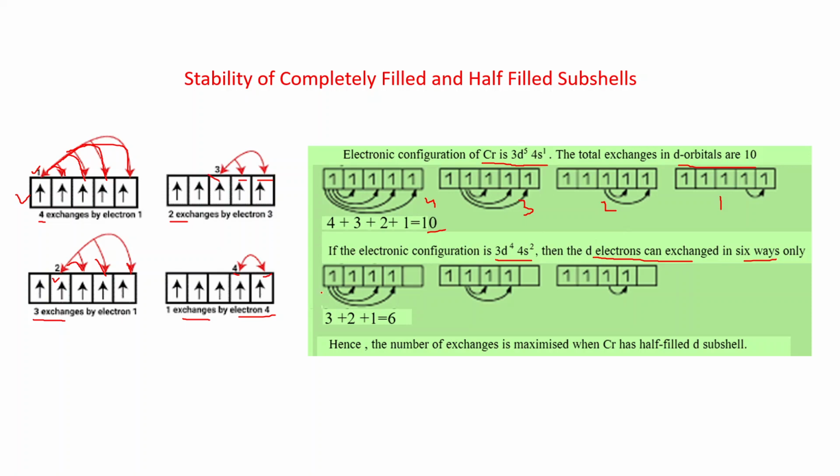How? One electron can exchange with these 3, another with these 2, and another with this one. 3 plus 2 plus 1 is equal to 6. Hence, the number of exchanges is maximized when chromium has a half filled d subshell. More the exchanges, more the stability. Clear?